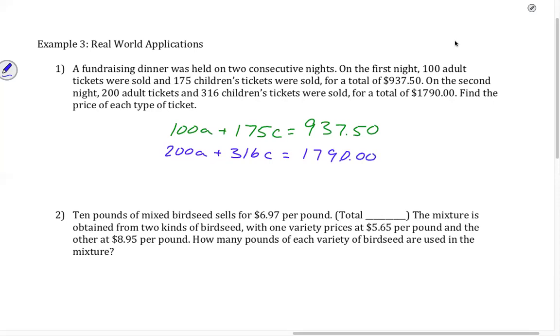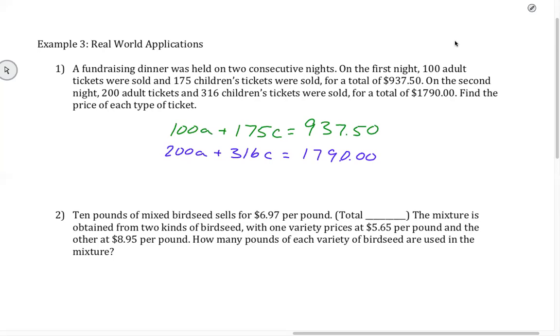Here are my rules. If my variables are on the same side, chances are I'm doing elimination because they're lined up. I can multiply one equation by something, or I can multiply both equations, to make my variables cancel. That's what I do.